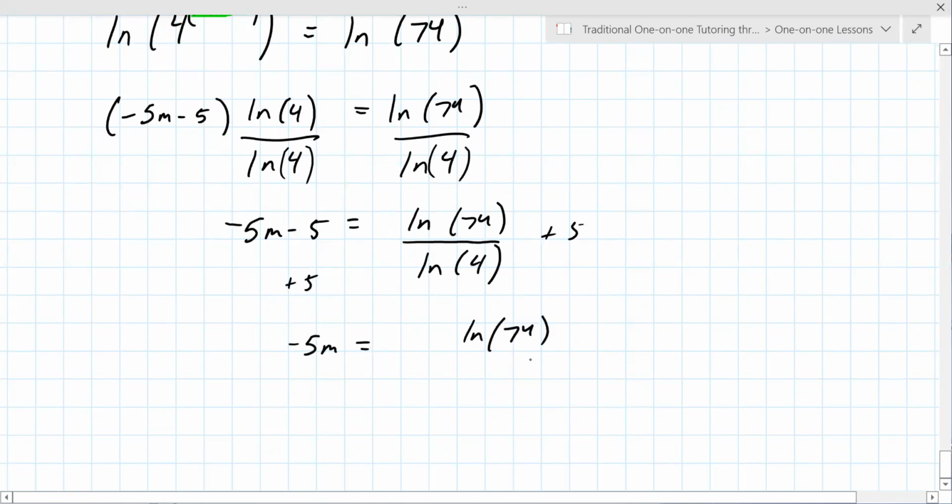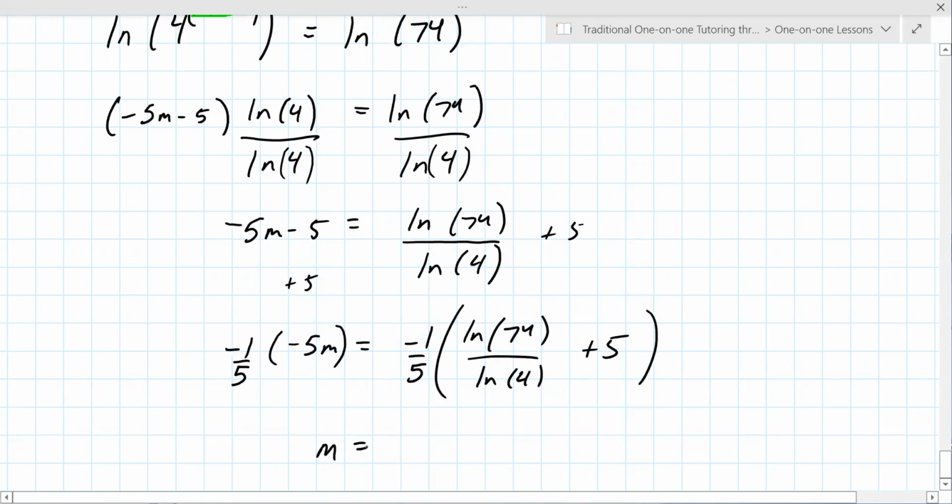So this one's a little bit more of a headache to put into the calculator, but it's doable. Instead of dividing by -5, you can multiply by -1/5, and that will potentially make this easier to answer. So go ahead and give that a shot, putting that in your calculator.